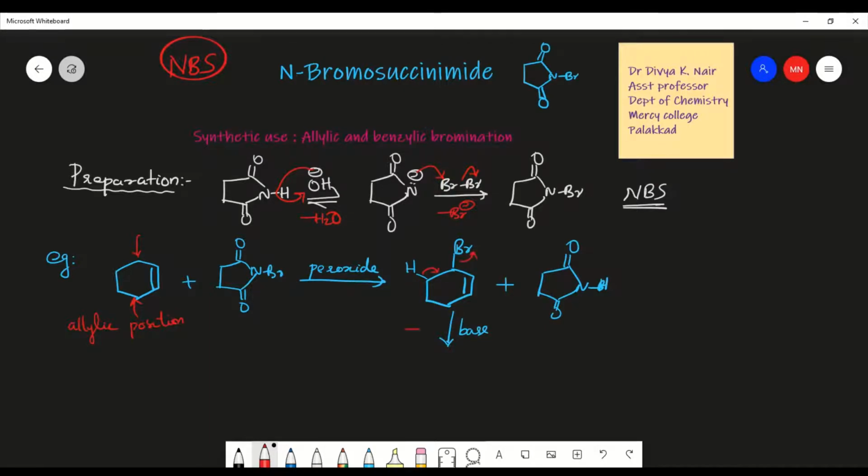HBr will be eliminated, and the product you get is like this, so you end up with a conjugated diene. This is the application of NBS: after you brominate at the allylic position, followed by base treatment, you can prepare a conjugated diene.